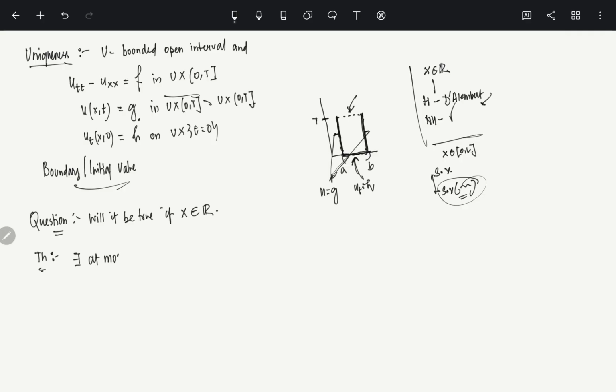At most one solution means, if there is a solution, it has to be unique. And the solution is of course in C2 of U cross (0, T) closure, which solves problem 1. Clear? So we solve this problem. Is it okay?